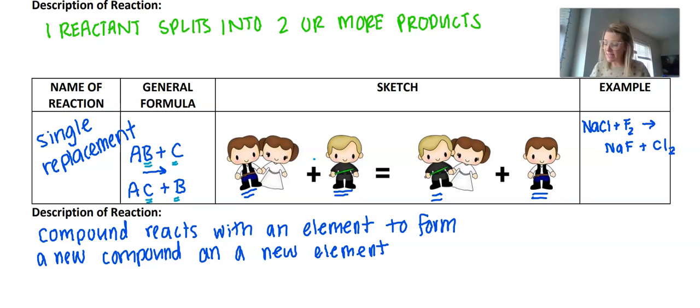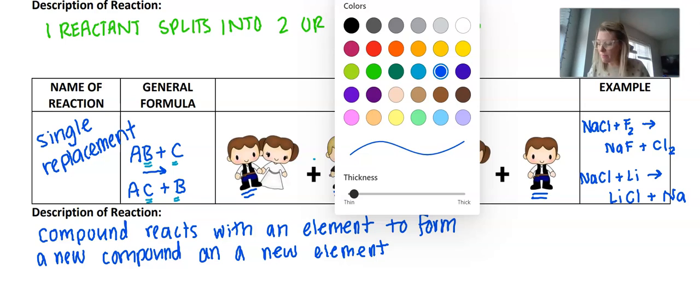And the second example I want to give you is NaCl plus Li becomes LiCl plus Na.